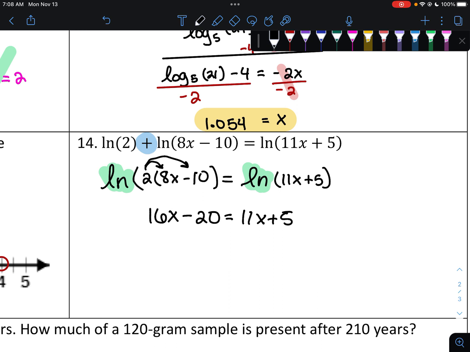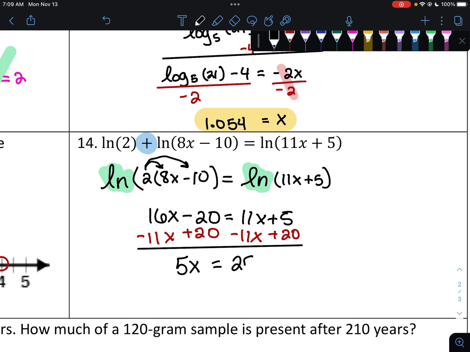I'm going to go ahead and move over the 20 by adding 20 to both sides. And I'm going to subtract 11x from both sides. And so when we do that, we get 5x equals 25.